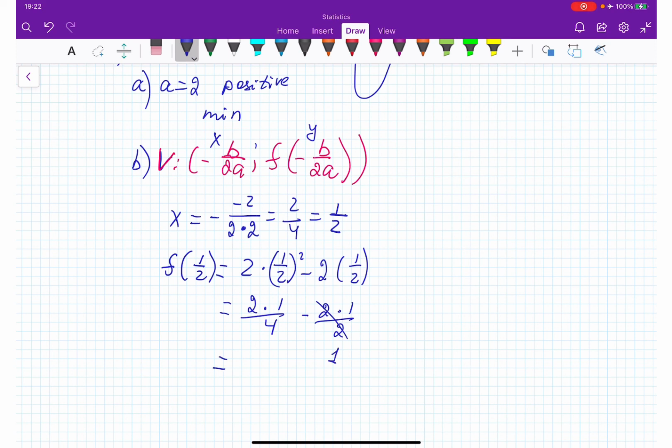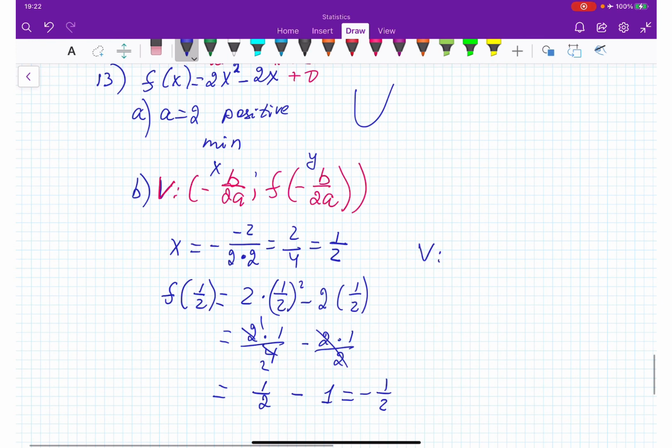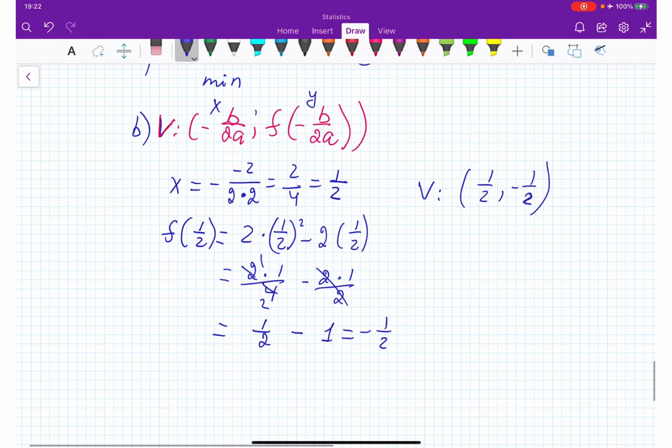And here will be 1 and 2. It's going to be 1/2 minus 1, which is going to be negative 1/2. So this is going to be our vertex, which is going to be 1/2 is x, and negative 1/2 is going to be our y for the vertex.